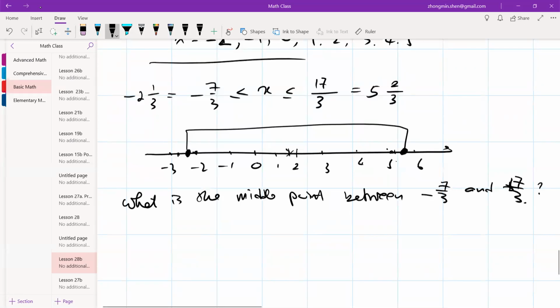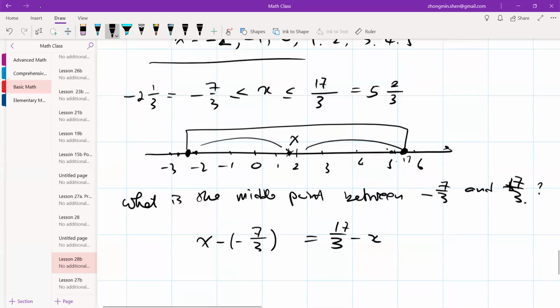Well, there are a couple ways to do this problem. Okay, a so-called midpoint. If this is the coordinate of the midpoint, then the distance between those 2 points should be equal. So that means x minus negative 7 over 3 should be equal to 17 over 3 minus x.